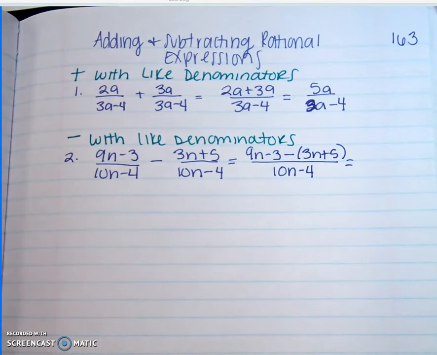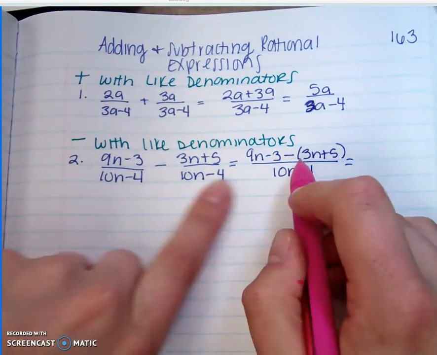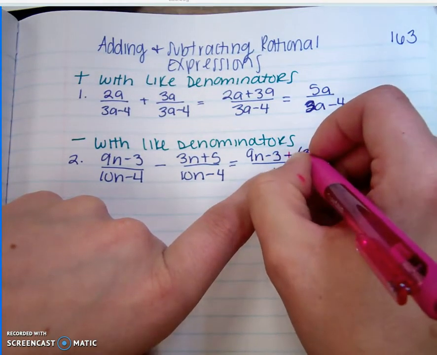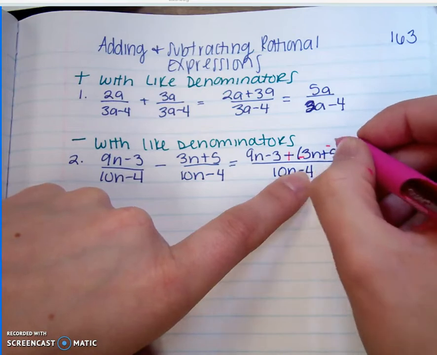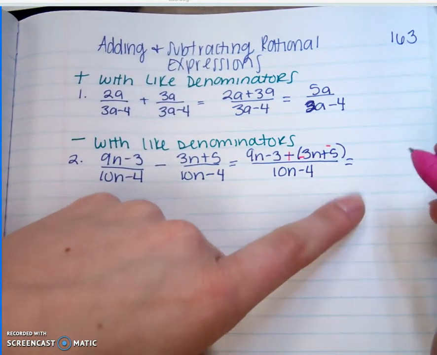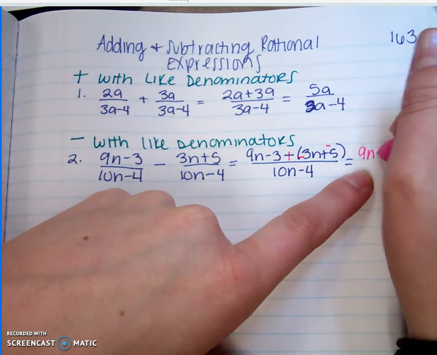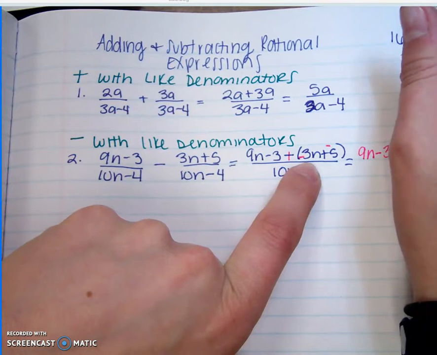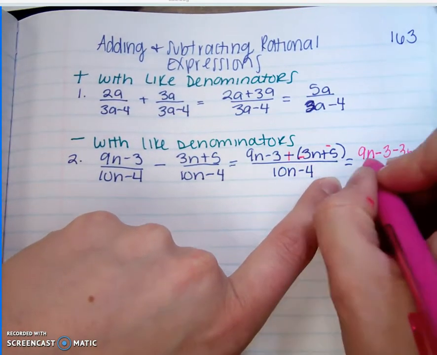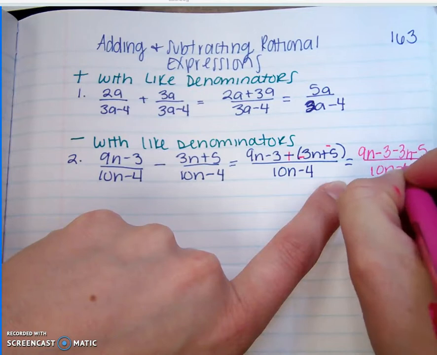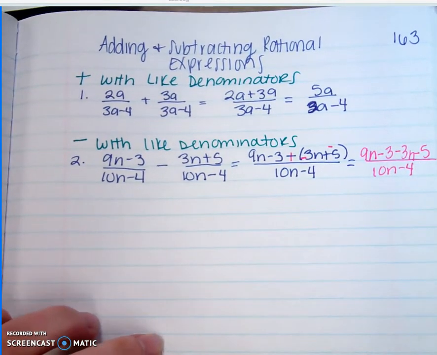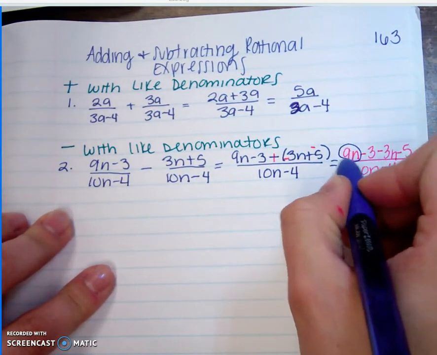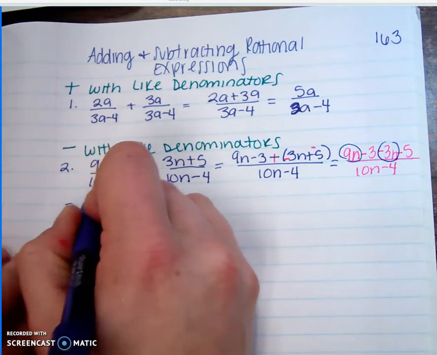When I distribute this negative, because it came from that minus sign, it's going to make this a negative 3n and a negative 5. And then rewrite that on the top. 9n minus 3, you could do plus and negative, or just minus 3n minus 5, over the 10n minus 4. And then you combine like terms across the top. I have 9n and negative 3n, so I have 6n.